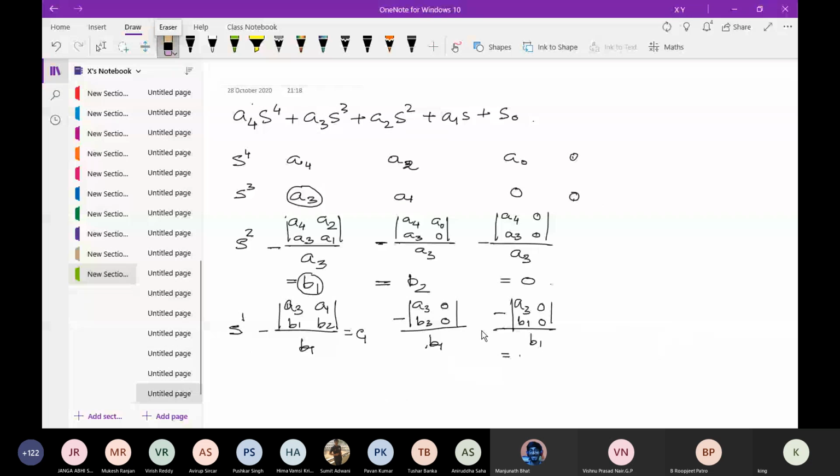So this will be equal to 0. And this will be equal to 0 as well. And finally, we will conclude with the S0.